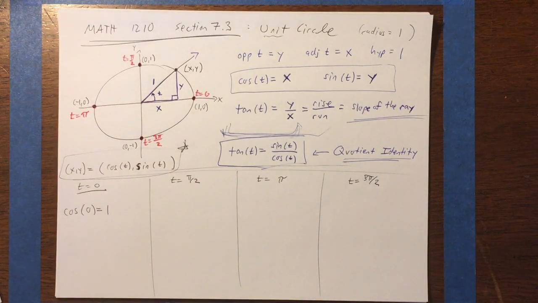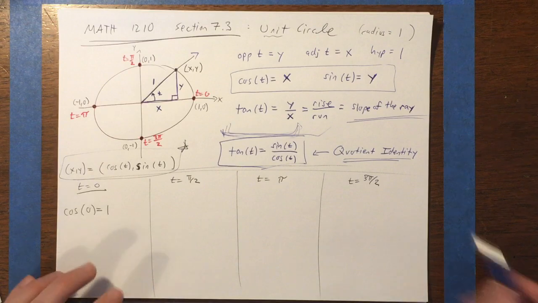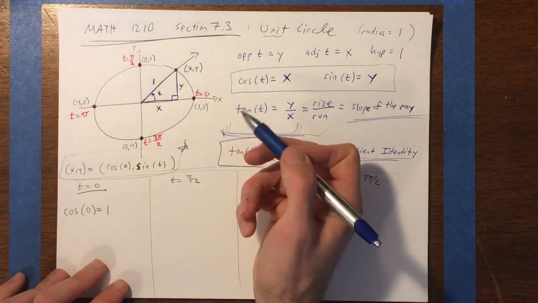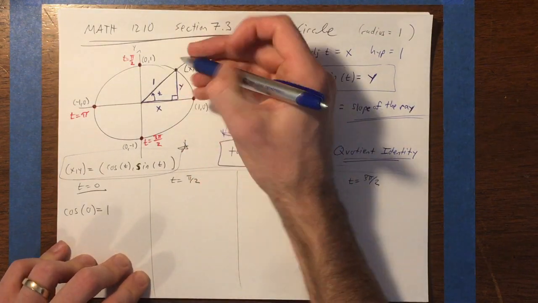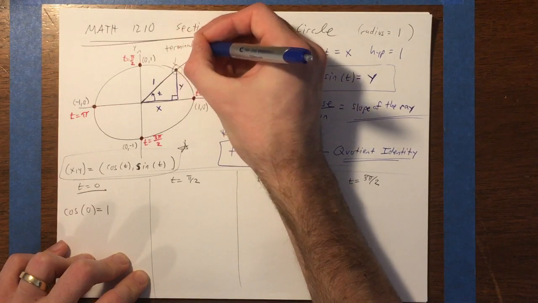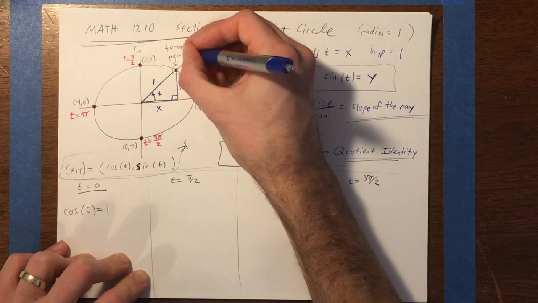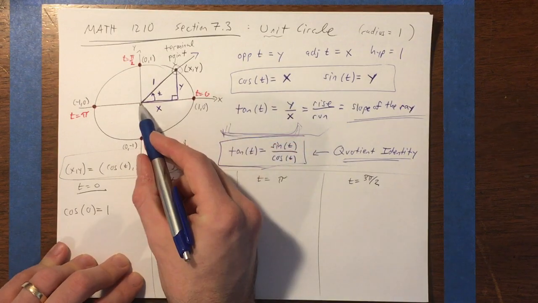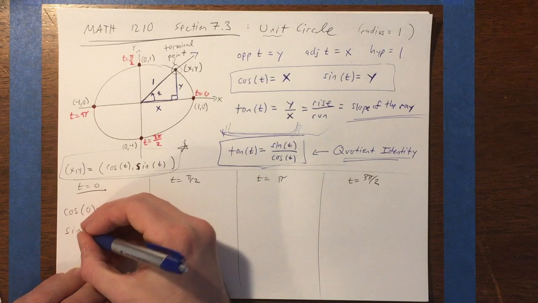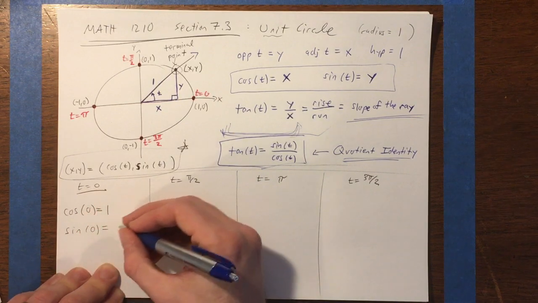So remember the x and y correlation for cosine and sine, as long as you know the point on the unit circle that the angle corresponds to. This is called a terminal point for the angle. If t equals 0, the terminal point is here, and the x coordinate is 1. The y coordinate is 0, so sine of 0 equals 0.